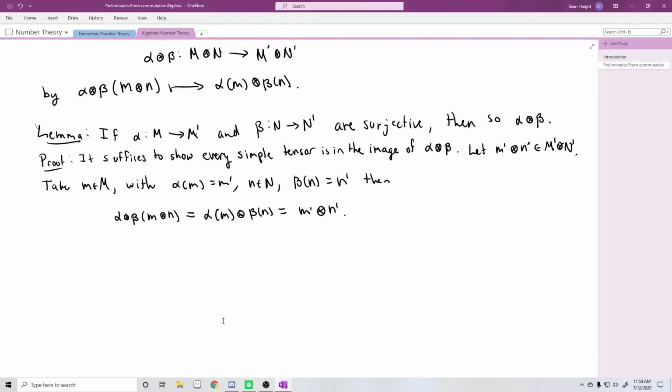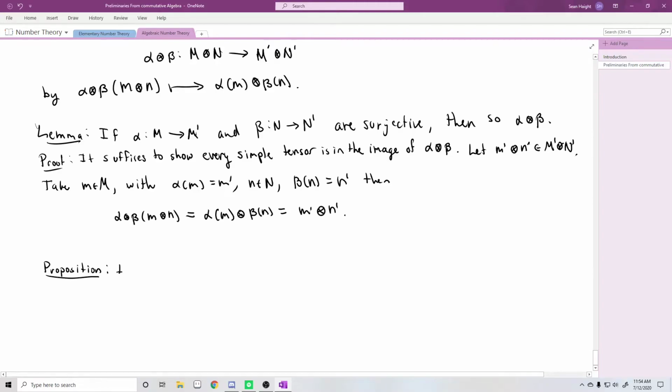Okay, the next proposition turns out to be vitally important, especially in the field of homological algebra, or representation theory. Anytime you're trying to study modules, the following proposition gives you one of the foundational properties of this tensor product functor. So, proposition.